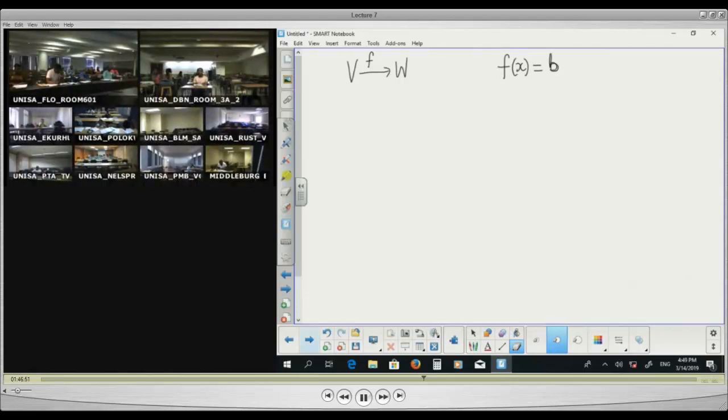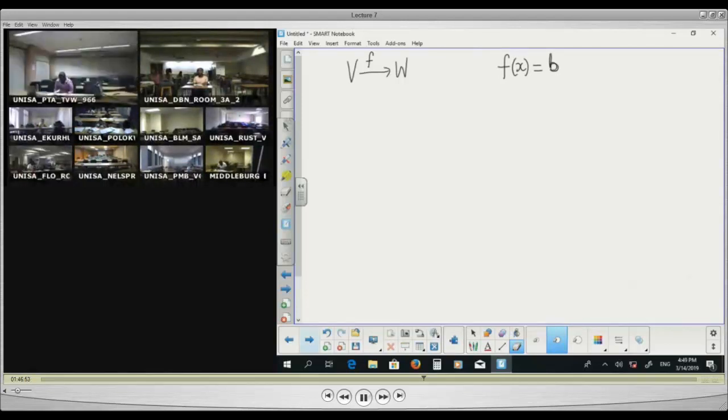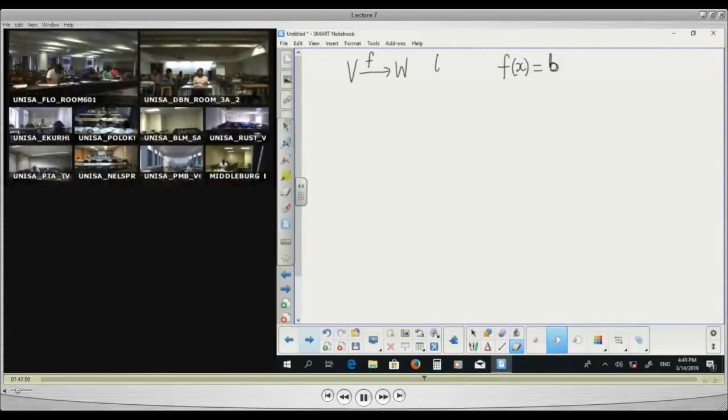First, if B is not in the image, there is no solution. Right? If B is in the image, then what are all the solutions?